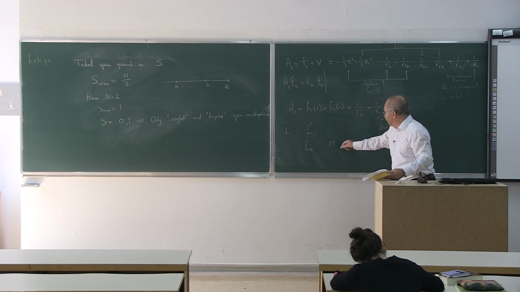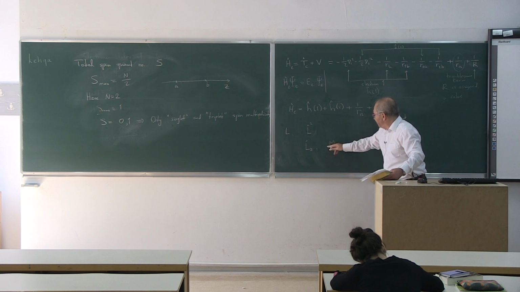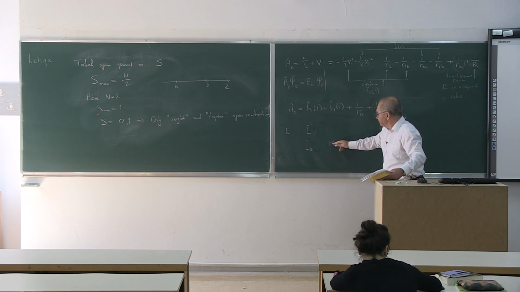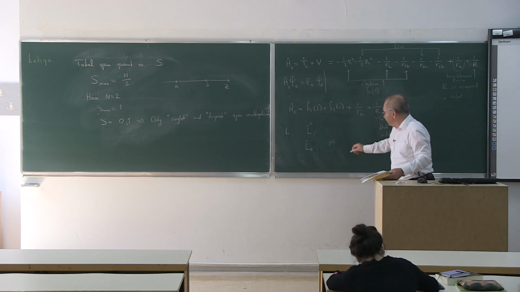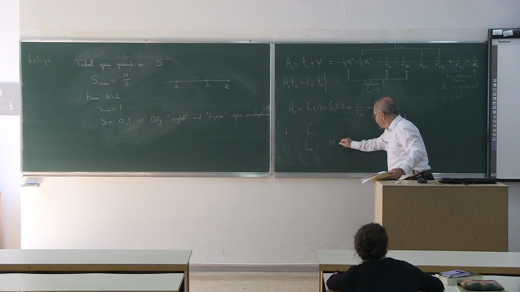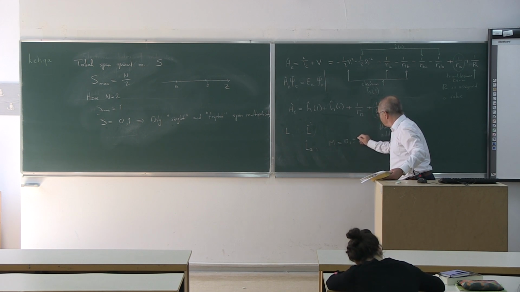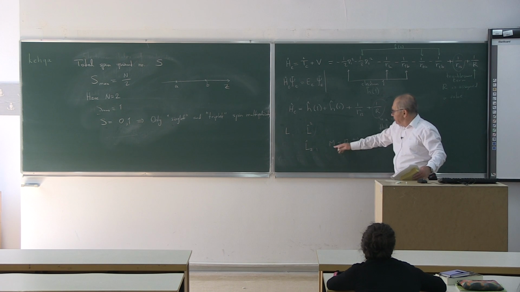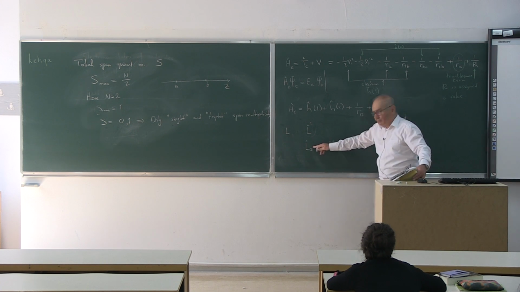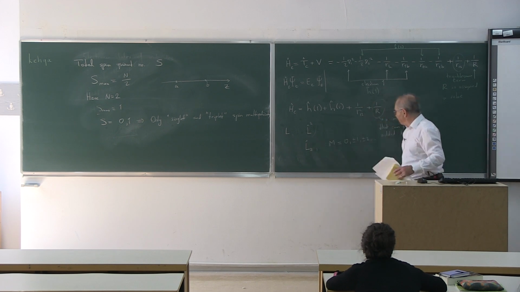Now, the possible values of m are the same as before. What are they? Allowed values of m are 0, plus or minus 1, plus or minus 2, and so on. These are the eigenvalues of the z component of total orbital angular momentum.